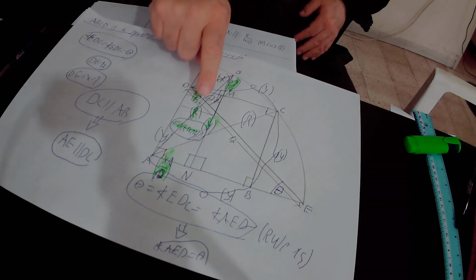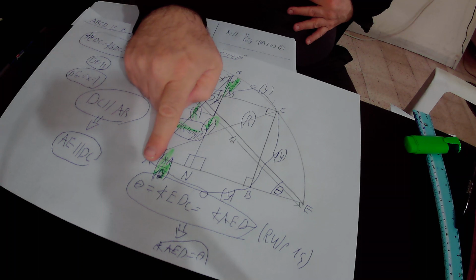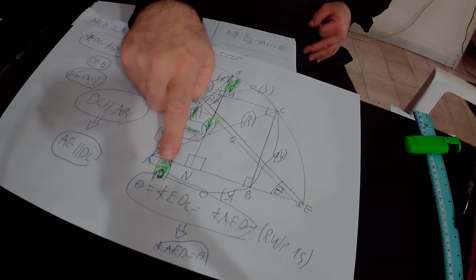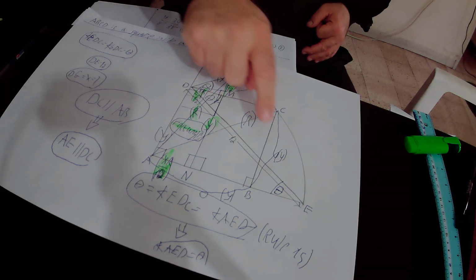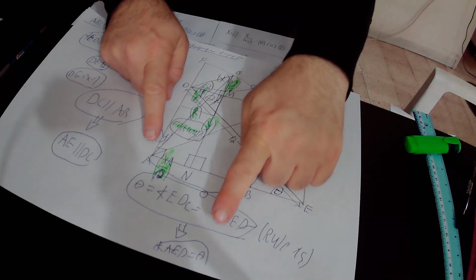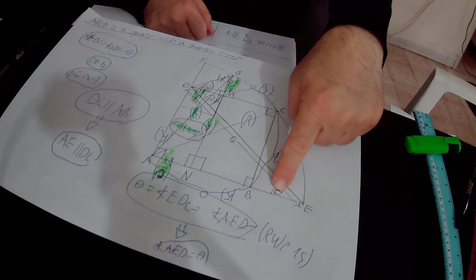So we can write that angle EDC equals theta. And from the equation theta equals EDC equals AED, we derive that angle AED also equals theta. So this is angle AED, that is also equal to theta.